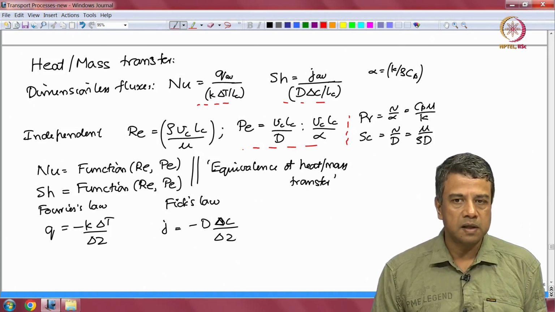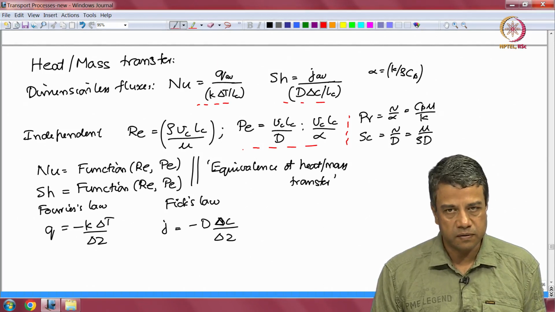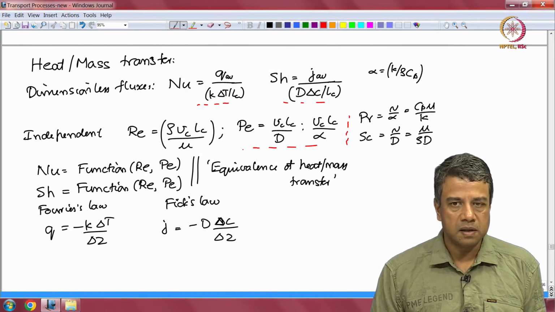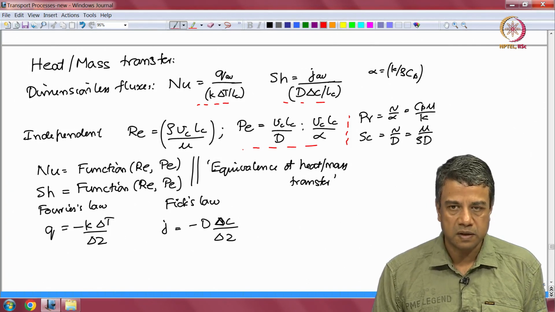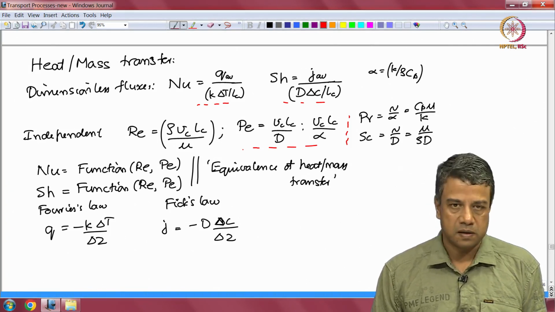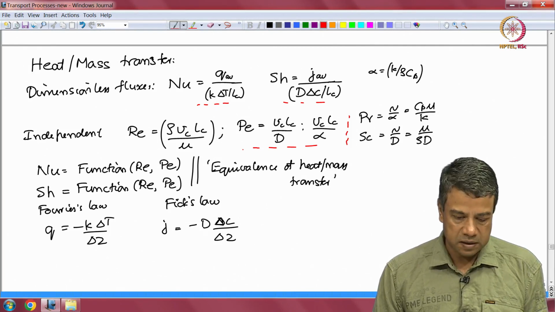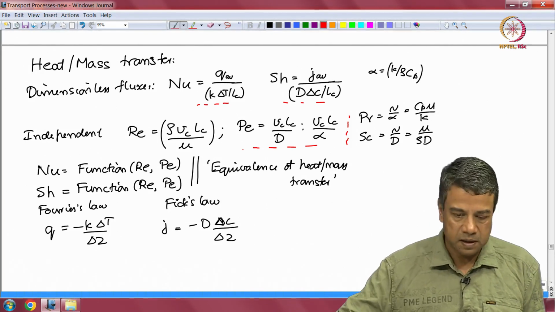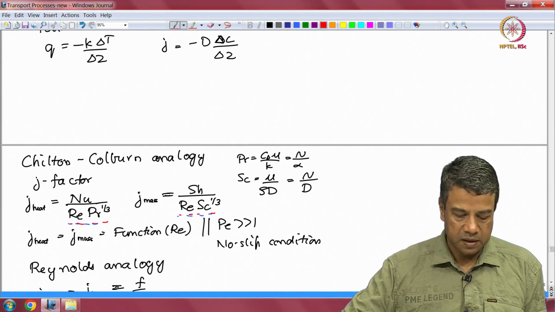The Peclet number determines the relative magnitudes of mass or heat convection and diffusion. The Reynolds number determines the relative ratio of the momentum convection and diffusion, which determines the flow pattern. So, those are the independent and dependent dimensionless groups.